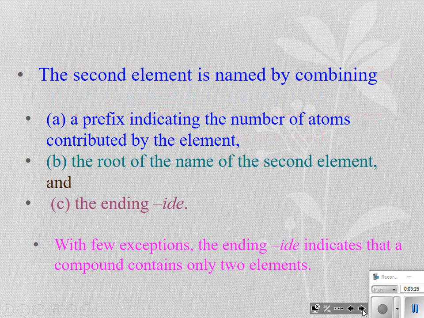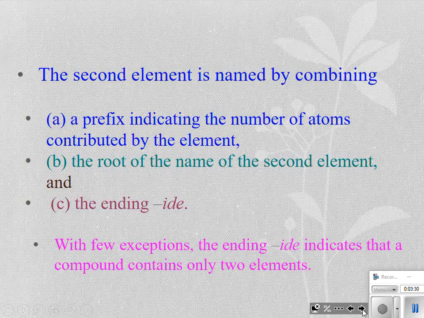The second element is named by A, taking a prefix that indicates the number of atoms of that element, B, taking the root of that element, and C, adding an IDE ending. So prefix, root, IDE.